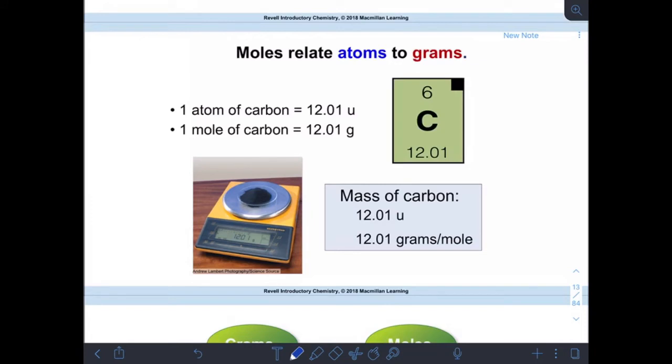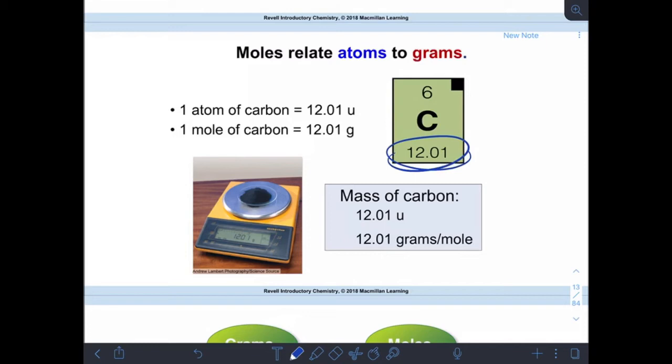So when we take that to the next step, when we look at the periodic table, and say, for example, in this slide, we're looking at carbon, we have this number here, 12.01, right? And so one atom of carbon is 12.01 atomic mass units. But when we scale it up to masses, or moles, one mole of carbon weighs 12.01 grams.